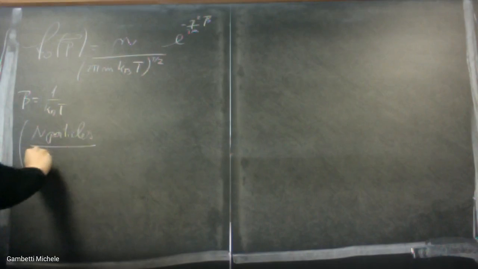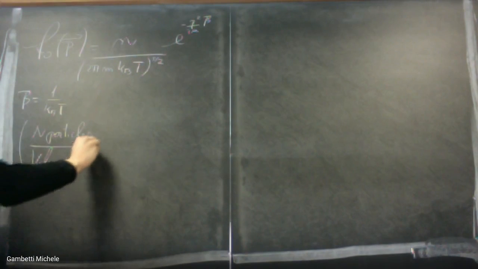So this was the distribution function, and for what concerns the dimension, this is number of particles divided by volume, which is this density here.